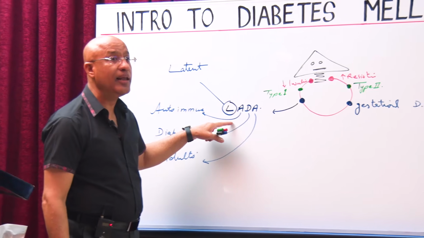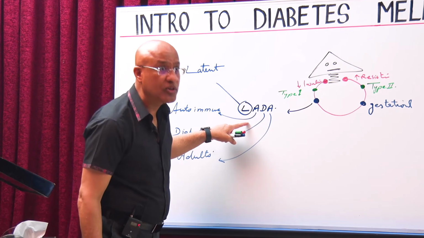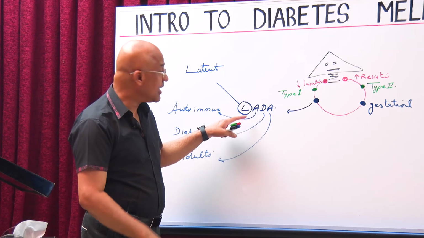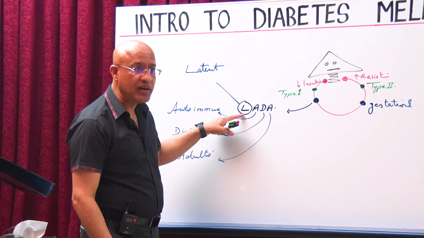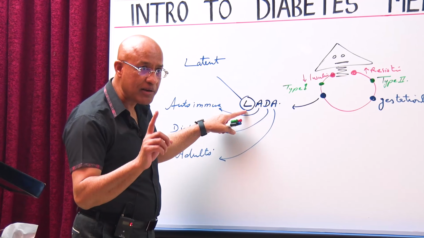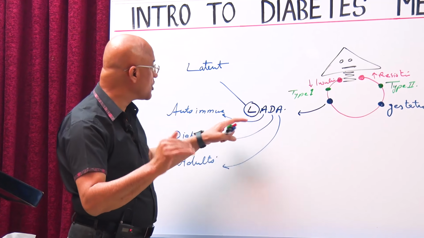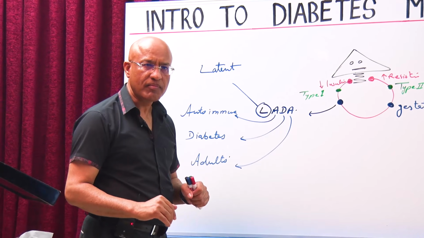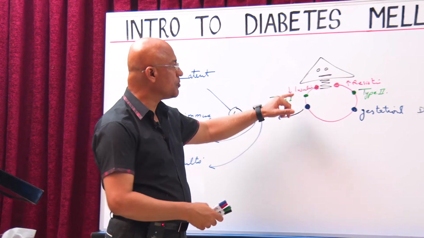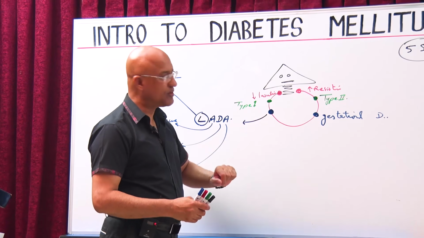This is a very late onset of a type 1 like disease, so we call it LADA, right? Basically both are similar conditions, autoimmune destruction of beta cells.